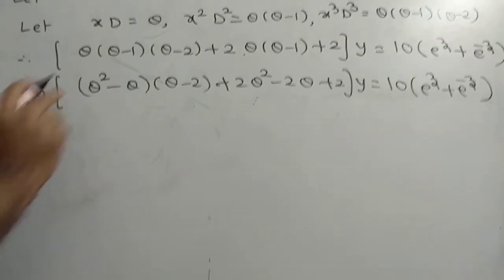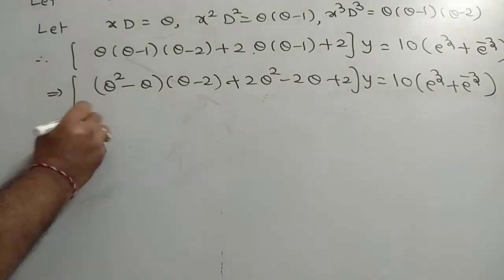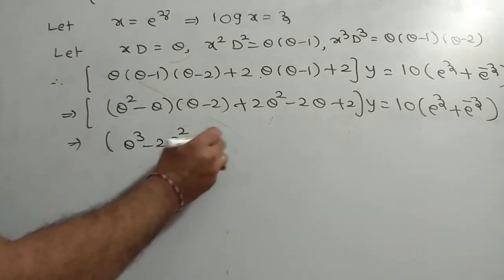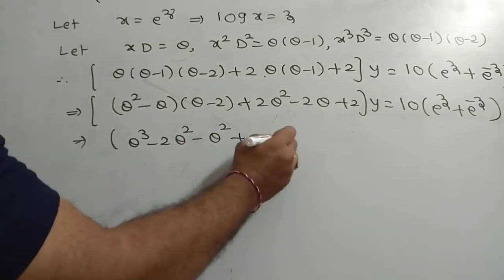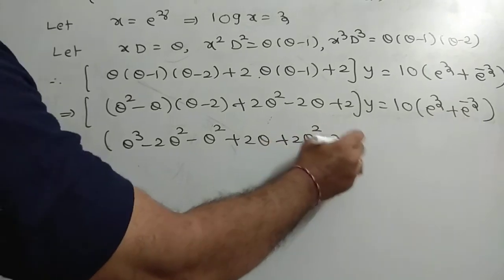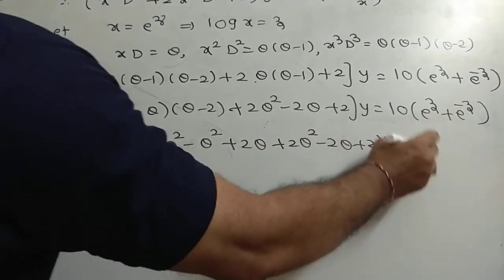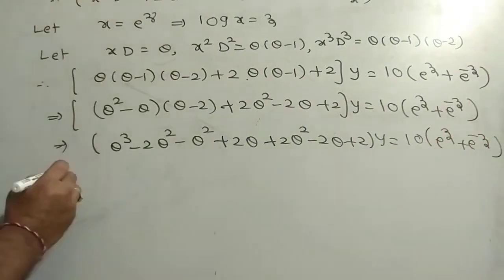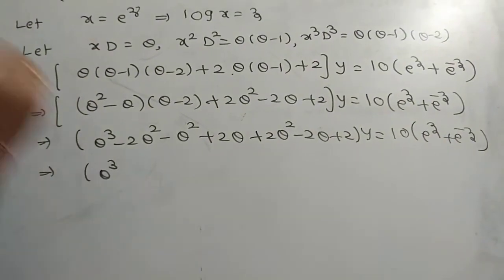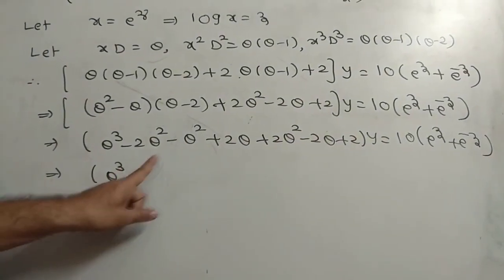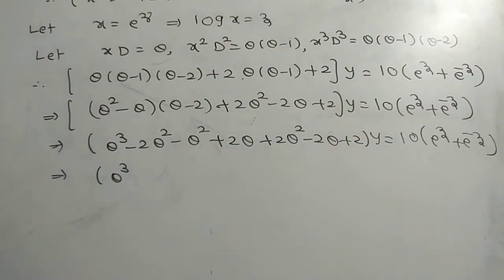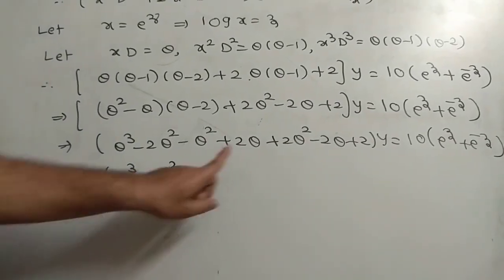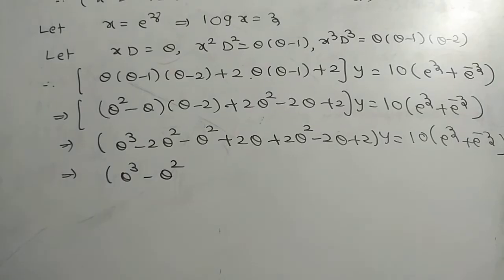On simplification, theta cube as it is, minus 2 theta square plus 2 theta square cancels, minus theta square, one more term is there, and plus 2 theta minus 2 theta cancels.